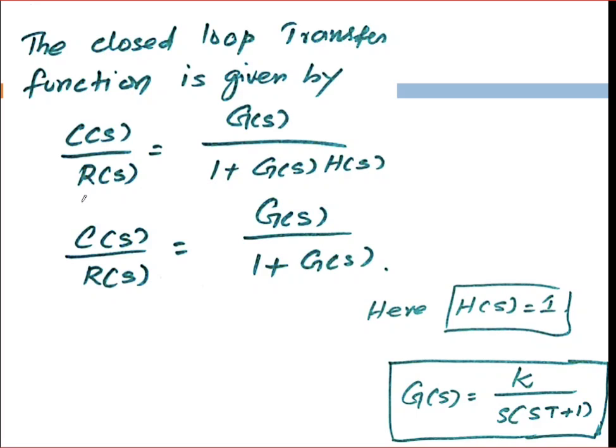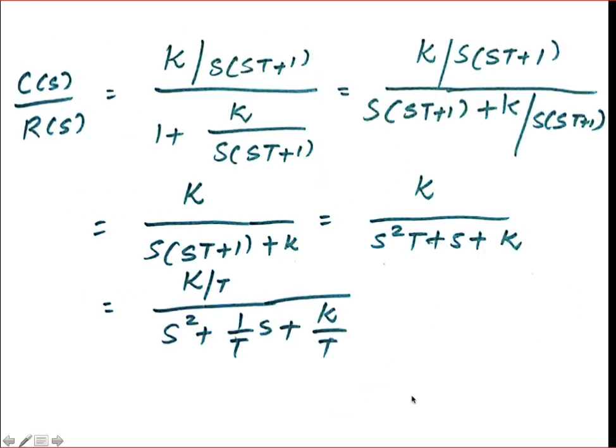The formula for the closed loop transfer function is C(s)/R(s) = G(s) divided by 1 + G(s)H(s), and here the feedback H(s) is equal to 1, hence C(s)/R(s) = G(s) divided by 1 + G(s). You have to substitute the value of G(s) given, K divided by s(sT + 1).